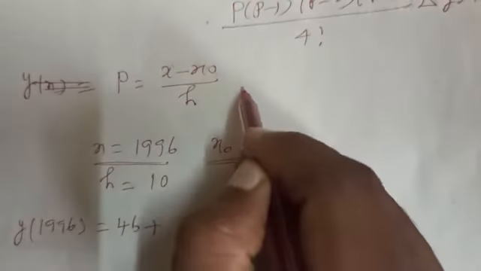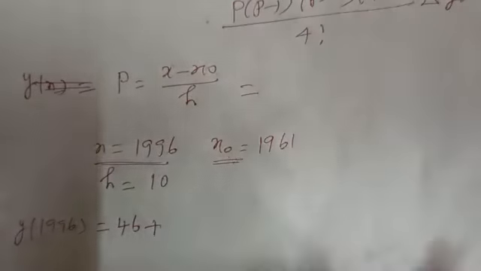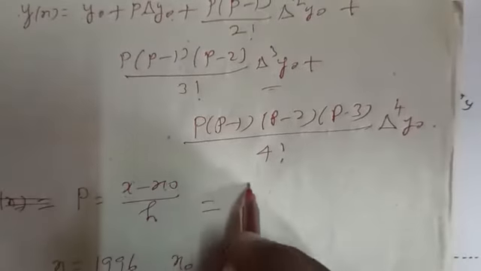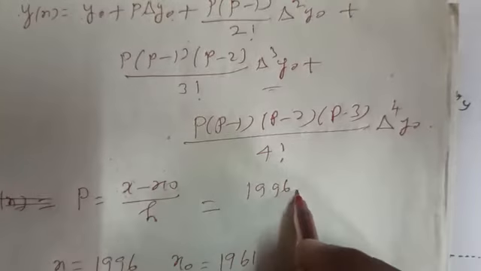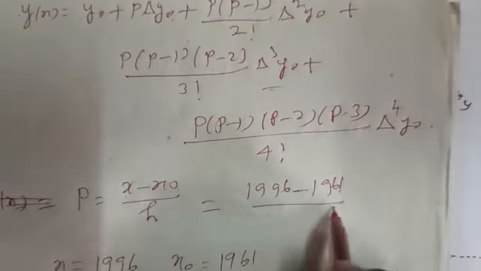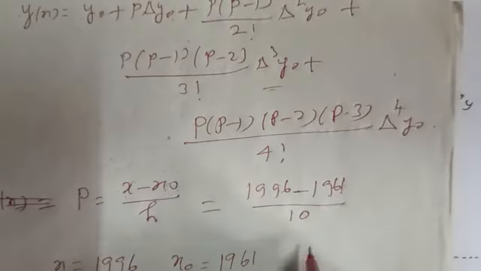For the p value, we have to find p: x value 1996 minus x naught value 1961, divided by 10.